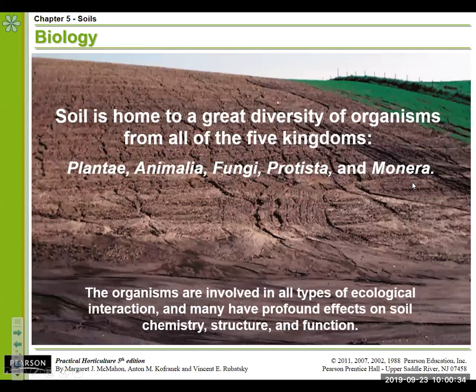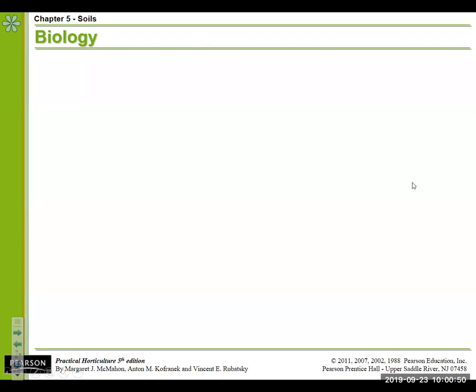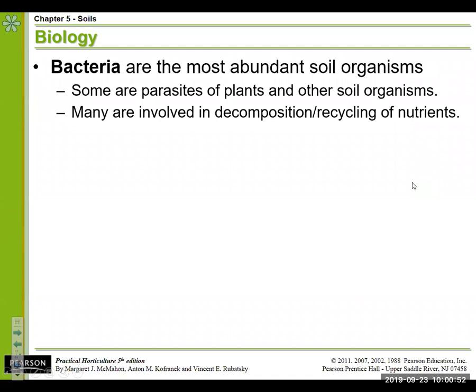And these organisms are all contributing in different ways to kind of a below ground soil ecology, which has very profound effects on the soil chemistry, structure, and the function of the soil itself. They actually say that there can be over 1 billion organisms in 1 teaspoon of soil. It's kind of crazy to think about.